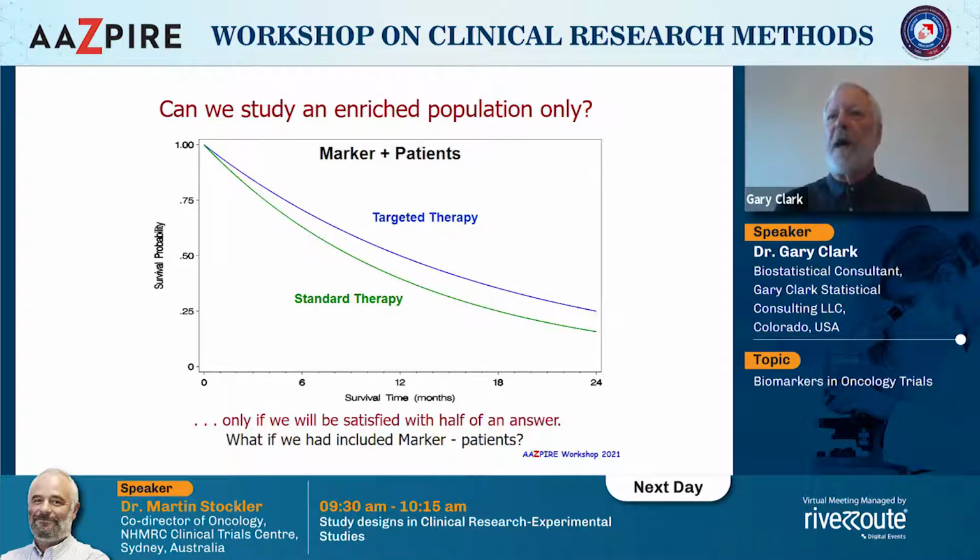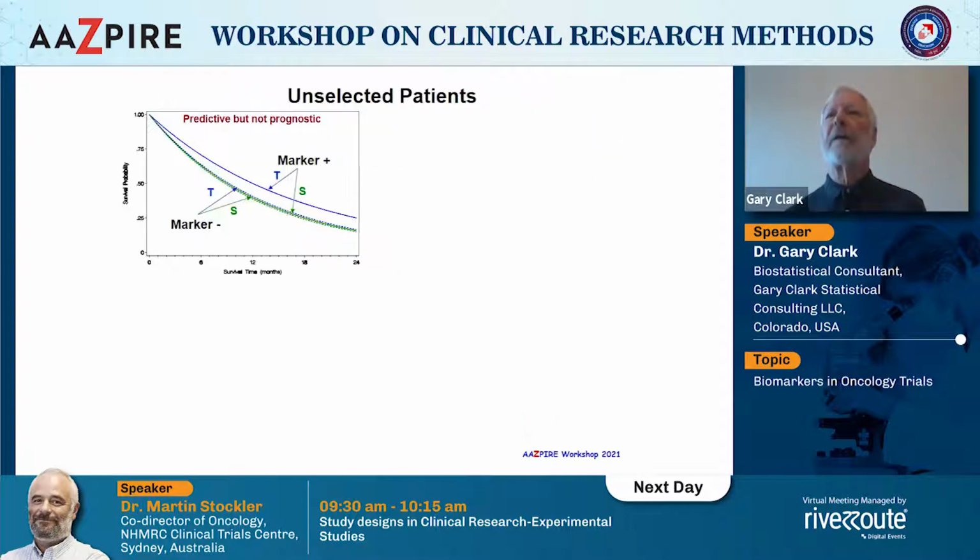So what I'd like to do now is, we've conducted this study. We know what happens in the marker positive patients. Let's imagine what could have happened if we had included marker negative patients. So I ask you to imprint these survival curves in your brain, and I'm going to overlay some marker negative patients.